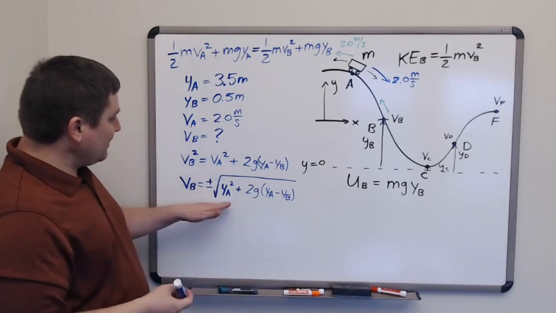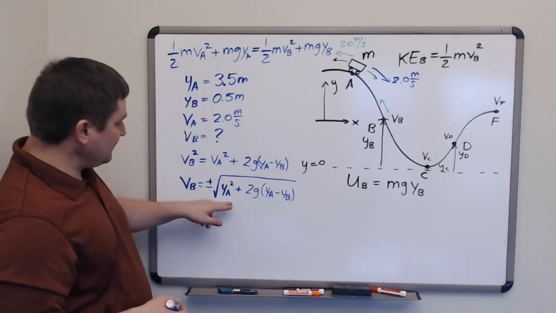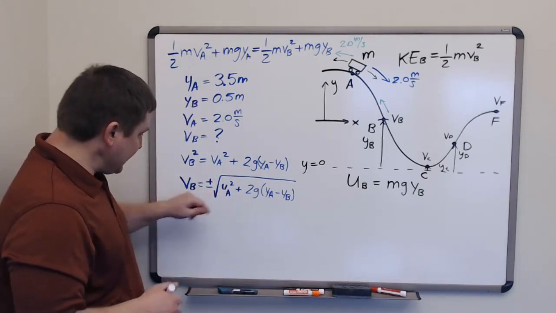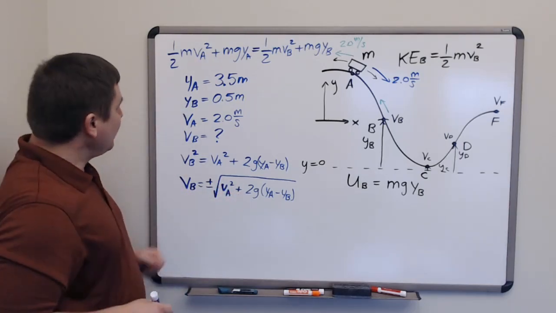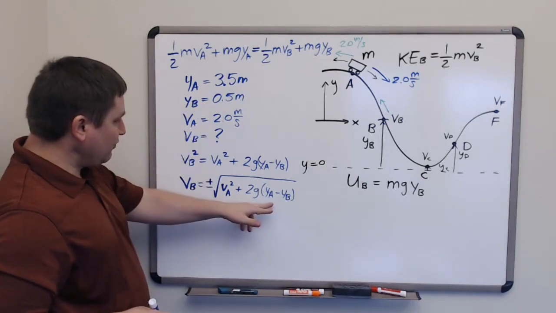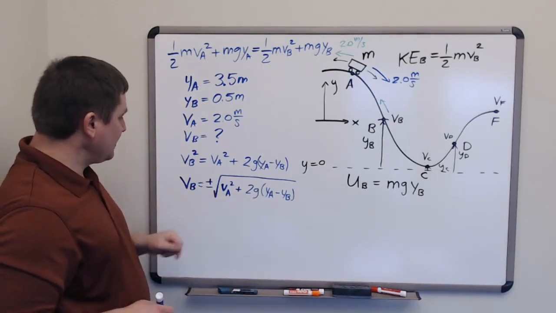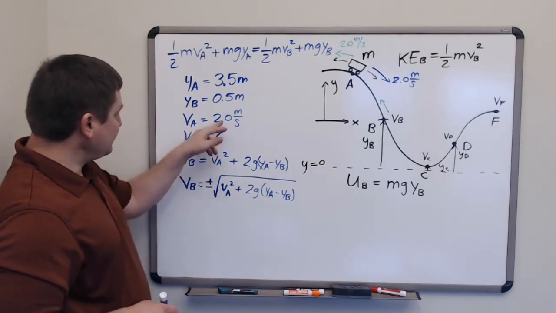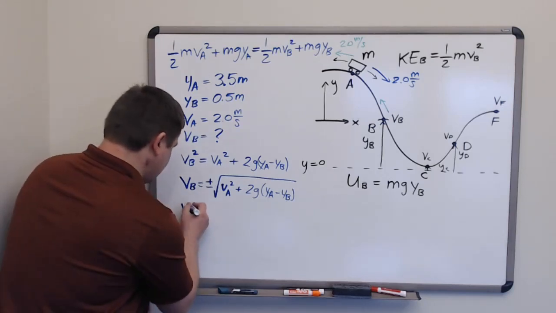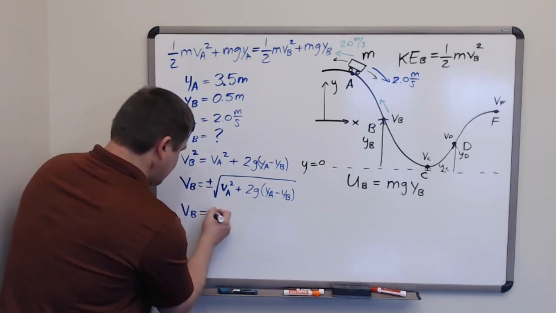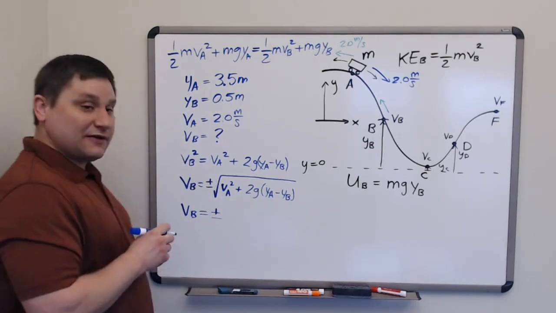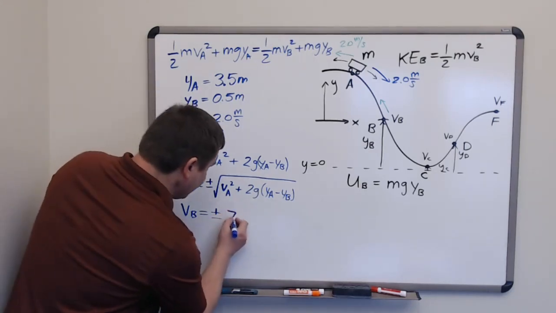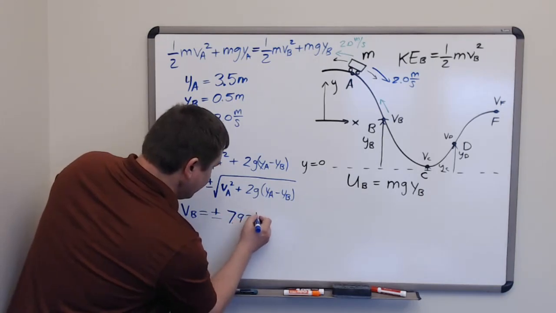So if we plug in the numbers to this, we have 3.5. Oh, excuse me, this is vA squared, just like it was in the line above. If we plug in the numbers 3.5, 0.5 for yA and yB, and we plug in vA as 2 meters per second, we find out that conservation of energy says that vB should be positive or negative 7.93 meters per second.